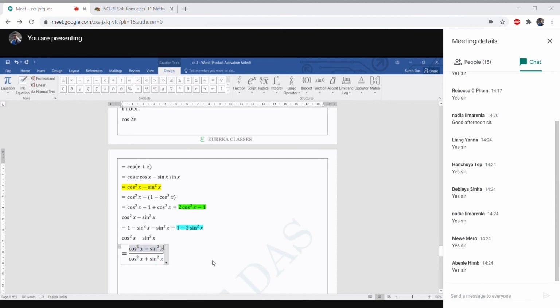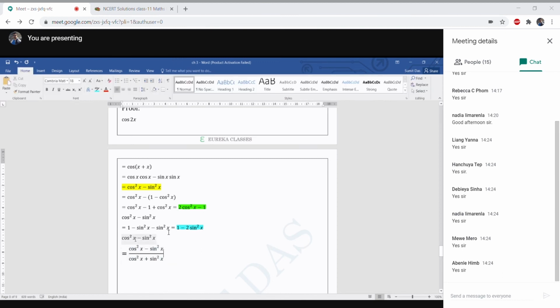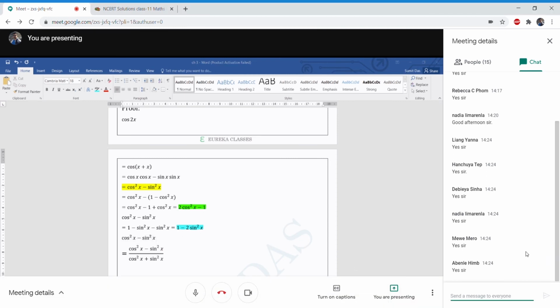Let me know. Can I write this line? Cos square x minus sin square x. Next line I'm writing cos square x minus sin square x divided by cos square x plus sin square x.